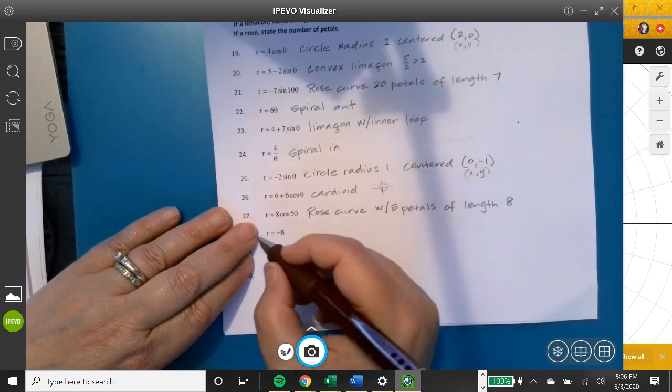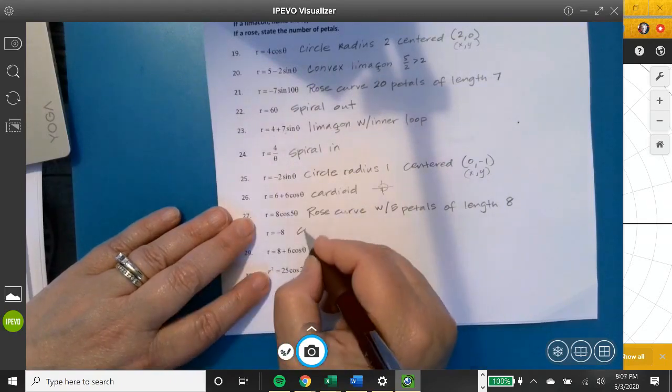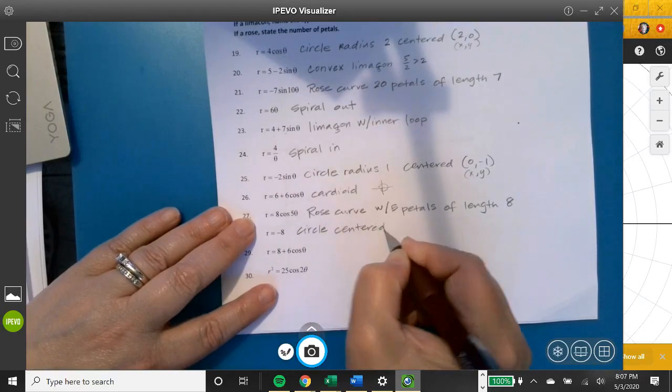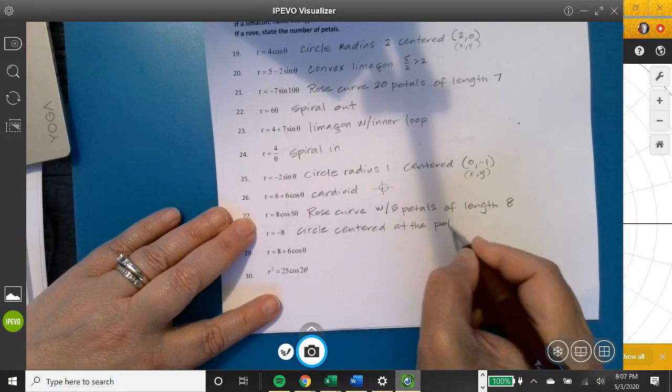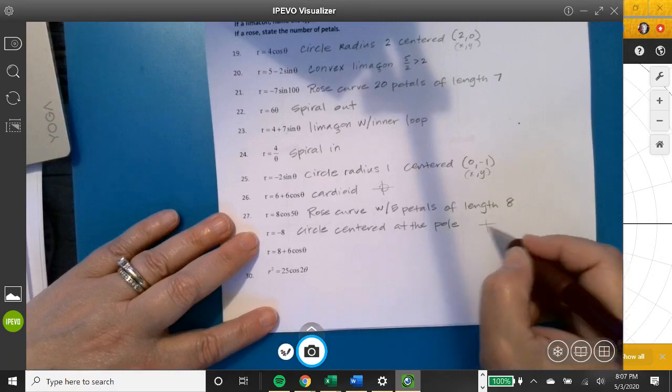I'm starting at -8 and I'm rotating with all my angles. So it's still a circle centered at the pole. It just starts at -8 radially, and then you rotate this way.